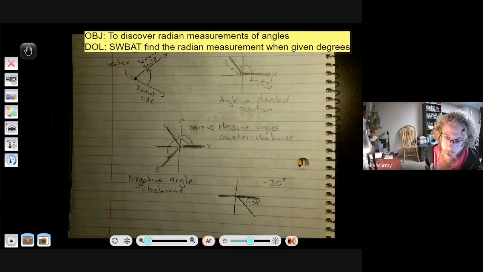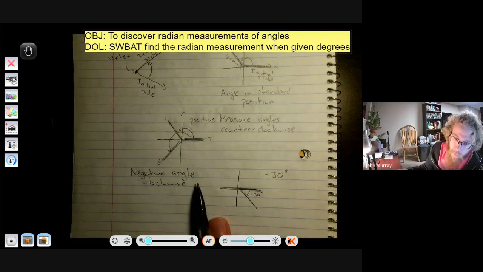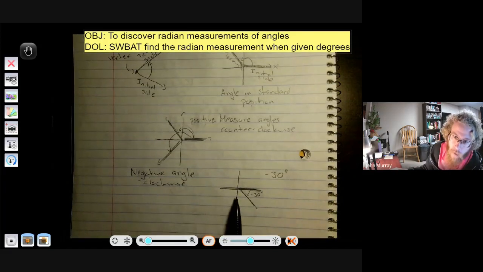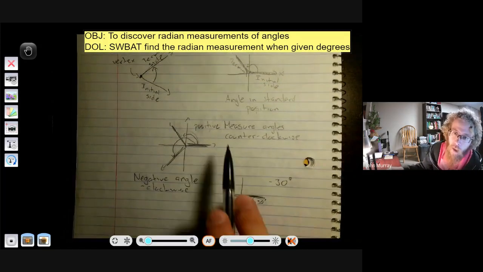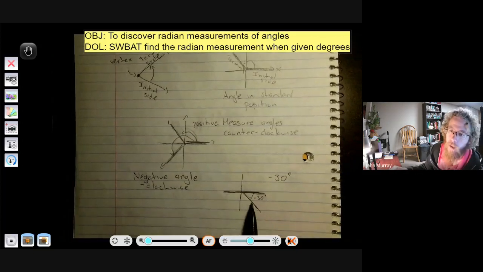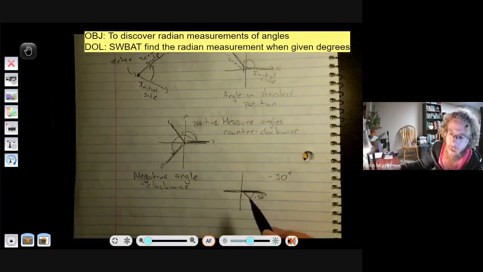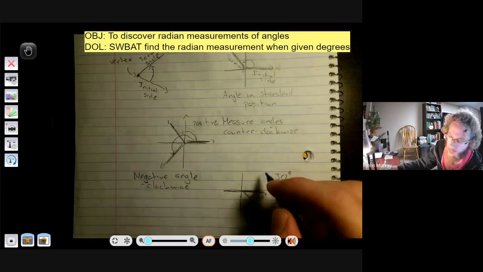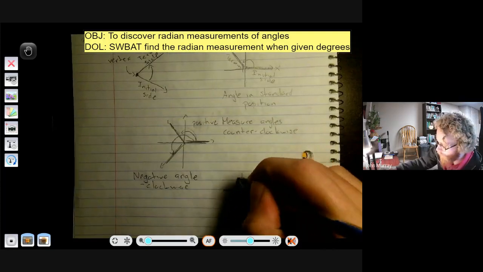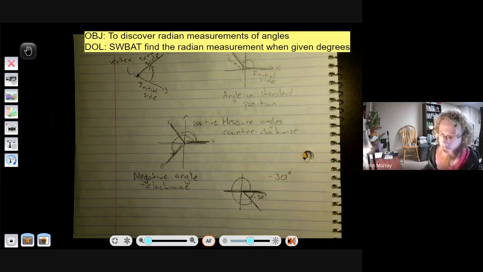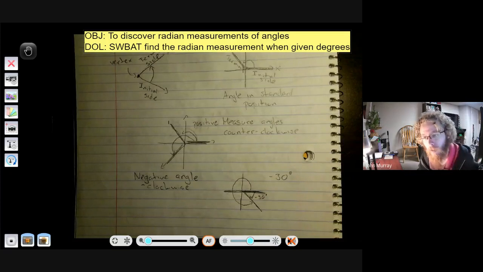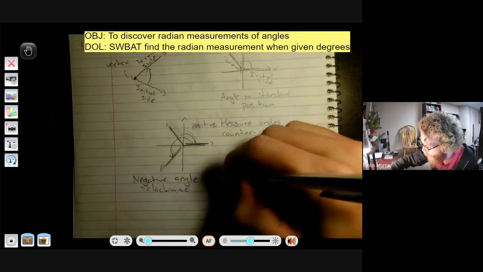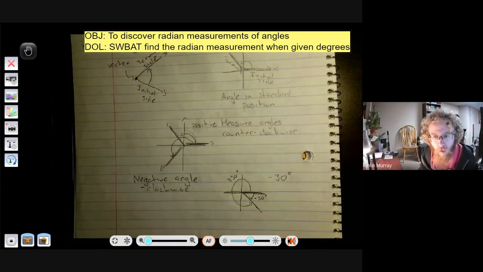What's nice about this is that even if we have a negative angle and we move clockwise, there's always going to be a positive measurement that ties along with that, right? If I go negative 30 degrees this way, well, I can also measure it going counterclockwise, all right? And that would be 330 degrees.